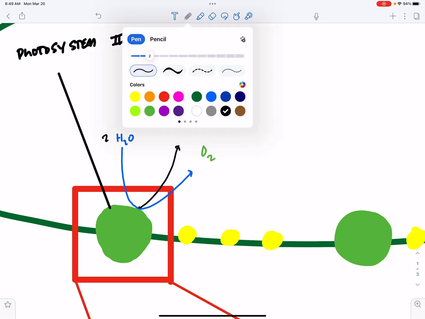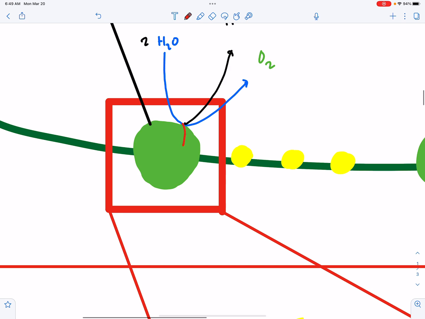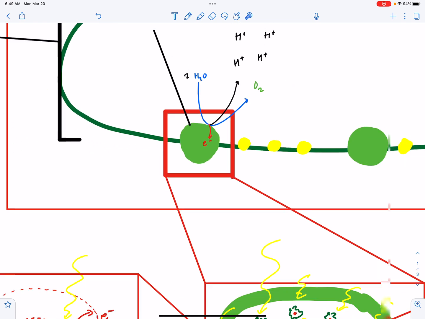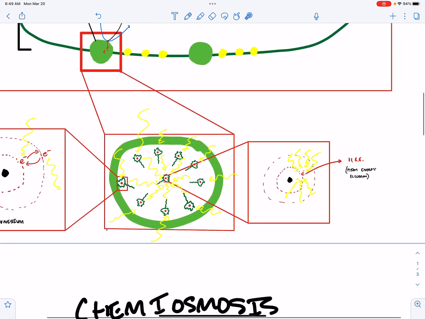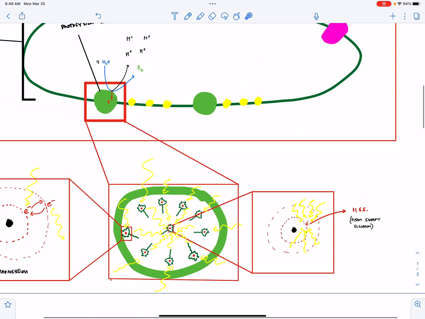And lastly, the whole point of this process is to take electrons, which are low energy when they come off of water. So we're stripping water of its electrons and we're dumping them on this central chlorophyll molecule here, and we're going to excite them using the light energy that we've gathered in the photosystem. So we split water.